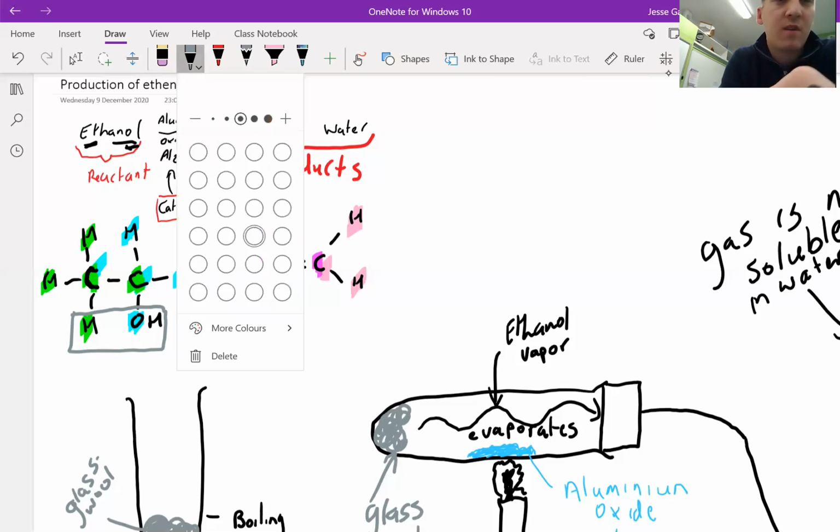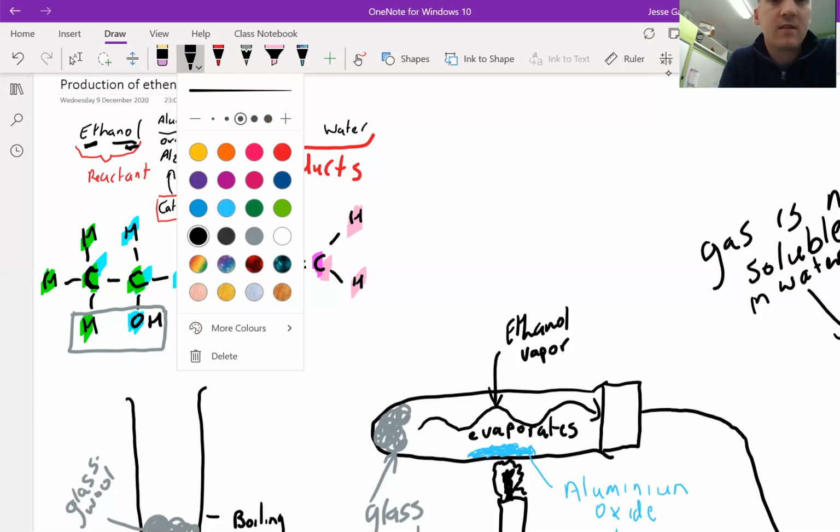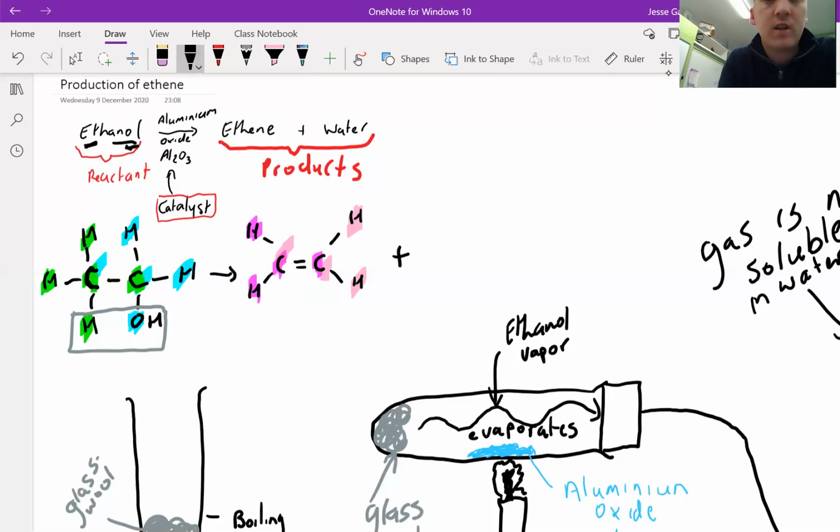That should seem pretty familiar. That is an O with 2 H's, you recognize as H2O. Okay, water. So we say that water has been removed or eliminated. So this particular type of reaction is called an elimination reaction.